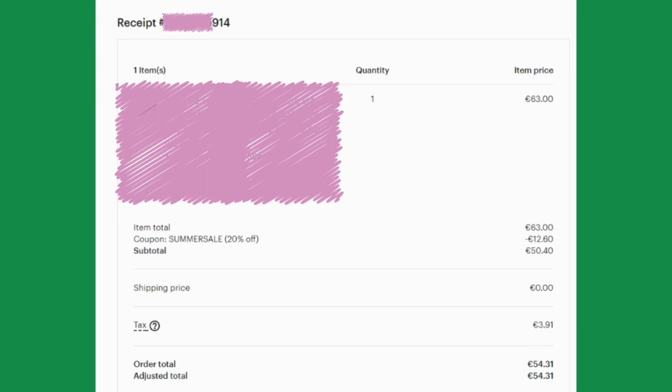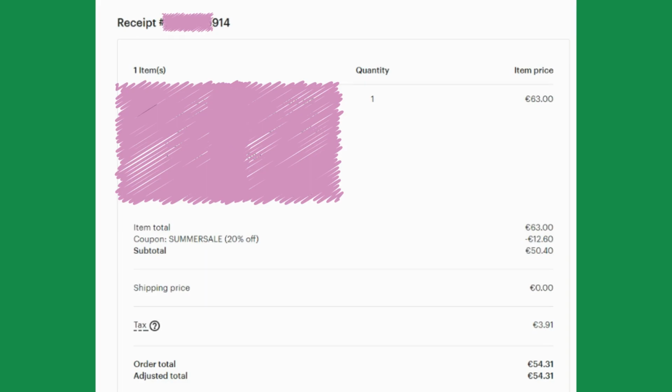This tax is not going to be taken from the price that I set, from the amount I'm getting for my item. It's going to be added on top of it. So my item price after discount plus governmental tax equals 54 euros 31 cents. And this is how much the customer is going to pay for this item.